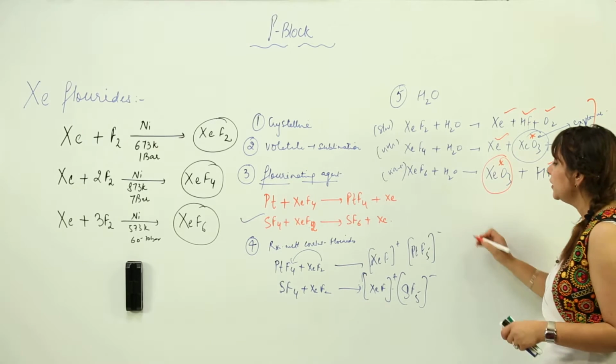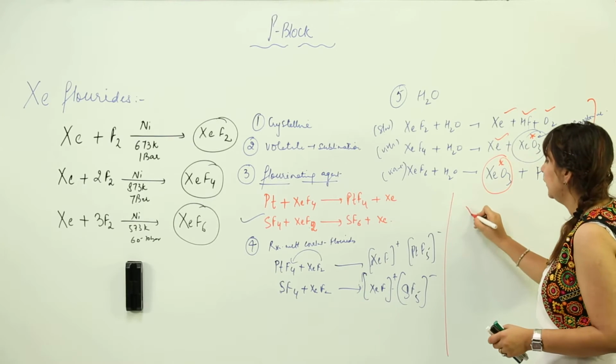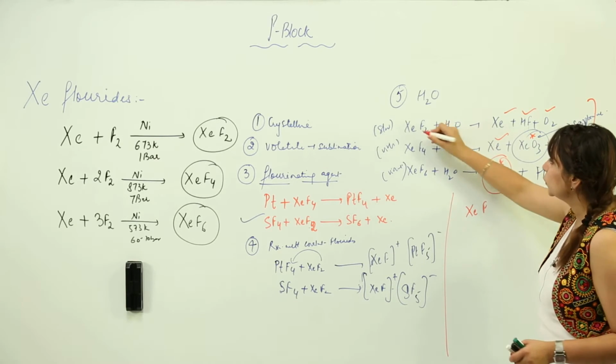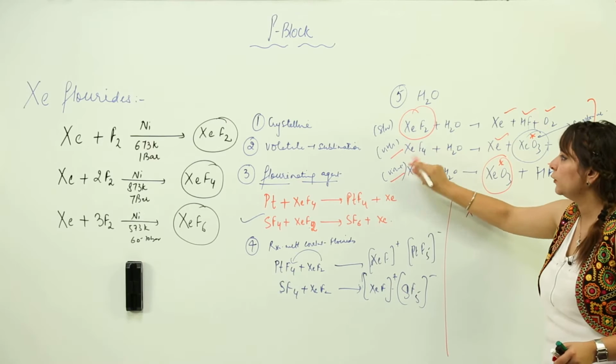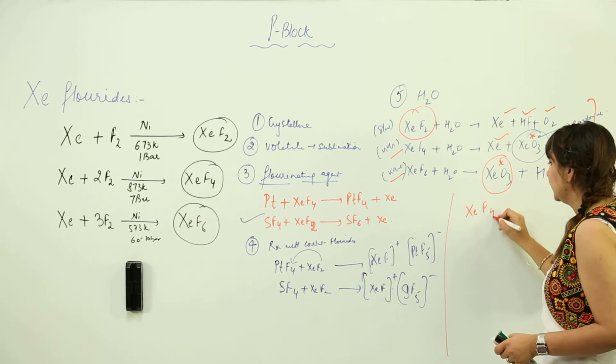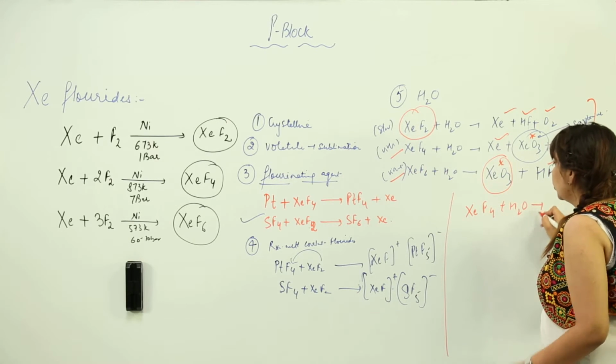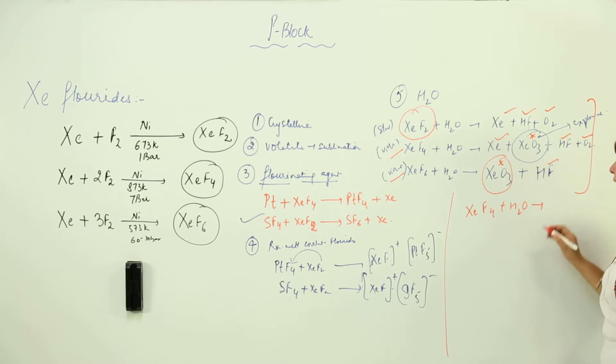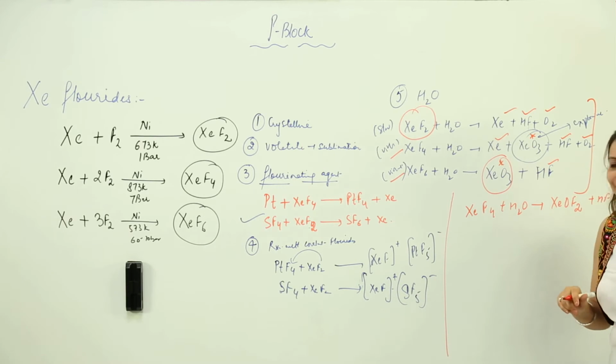But we can also hydrolyze partially, XeF4 and XeF6. When we partially hydrolyze XeF4, we get xenon oxyfluoride, XeOF2.